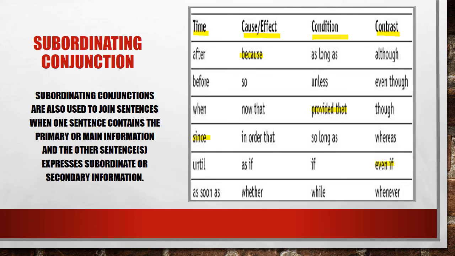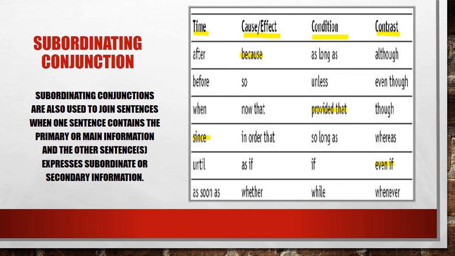Now, subordinating conjunctions. These are also used to join sentences when one sentence contains the primary or main information and the other sentence expresses subordinate or secondary information. Now there's different types. We have time, cause and effect, condition, and contrast. We could say since for time, since the game began.